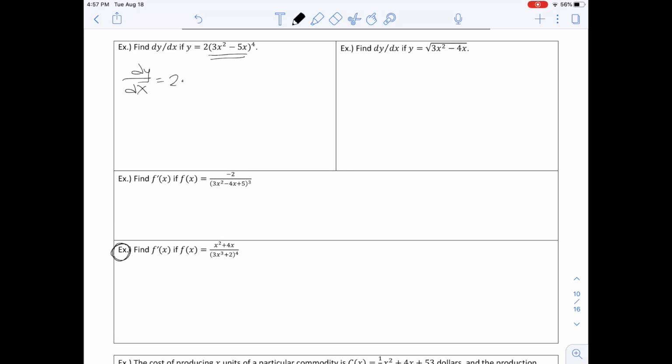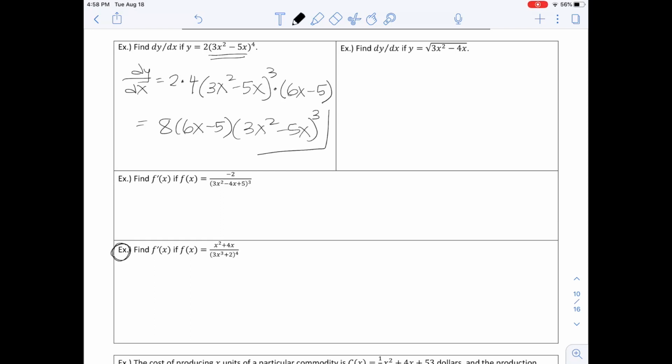So we have a 2 times, bringing the exponent out in front would be 4, leave the inside function the same, and then subtracting 1 from that exponent, times the derivative of the inside function, which is what I underlined here, which is going to be 6x minus 5. So just cleaning this up a little bit, again, not much you can do, but we have 8 times (6x minus 5) times (3x squared minus 5x) to the third power.